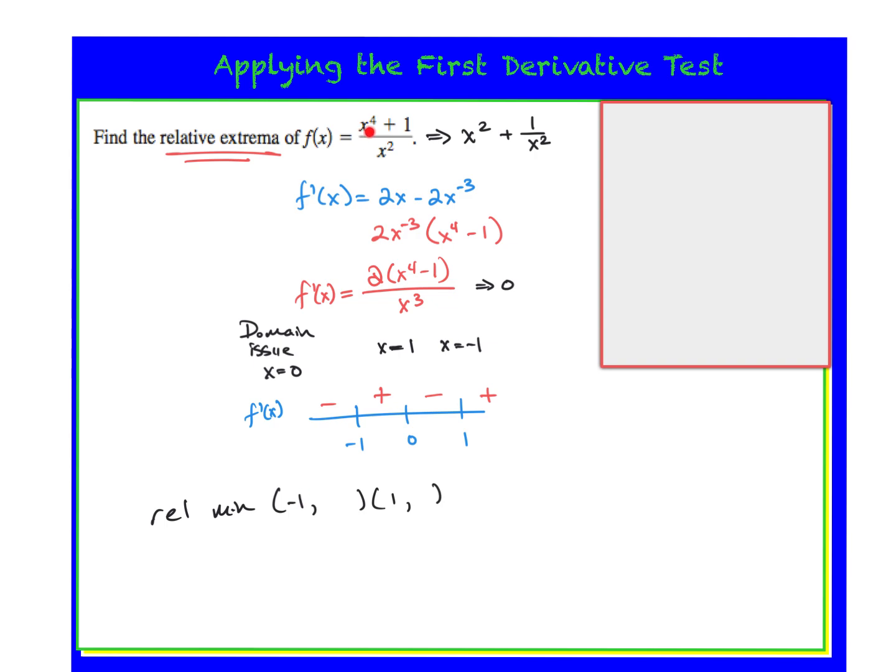When I substitute in negative 1, I'd have 2 over 1. So I'd get negative 1 comma 2 and 1 comma 2. What is the reason behind why I have a relative minimum? Because f prime changed from negative to positive.